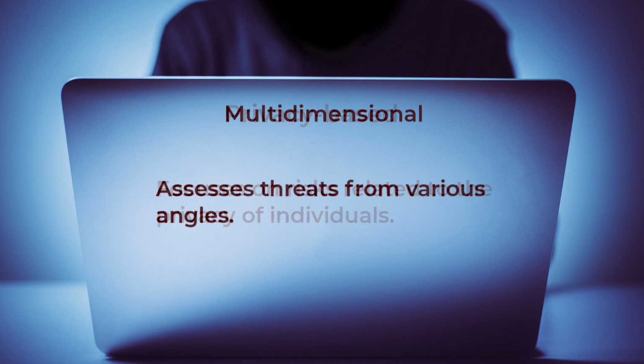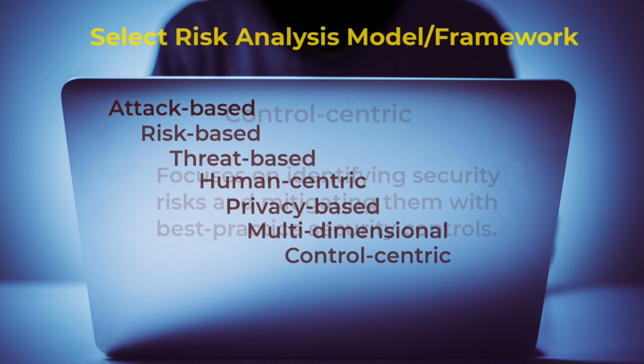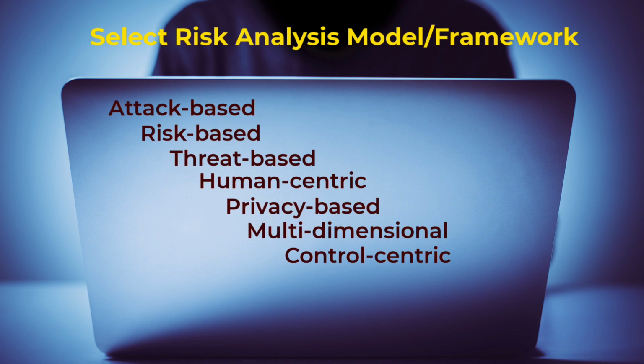Multidimensional models assess threats from various angles, to provide a comprehensive risk evaluation. Control-centric threat models focus on identifying security risks and mitigating them through the implementation of specific security controls. We go into much more detail on these models, with descriptions of specific threat models in each category, in Video 2.